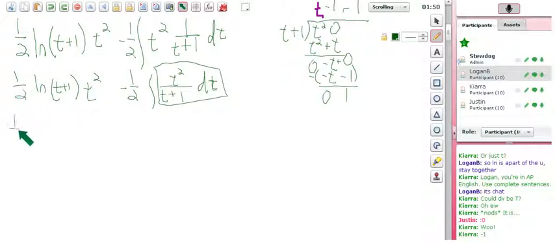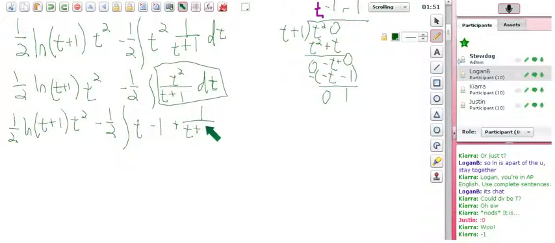Alright, and so this stays the same. We're using long division to rewrite that integral that we just made with integration by parts. Times the integral of... Now we just took t plus 1 and divided it into t squared with our long division, and it came out to be the same as t minus 1 plus 1, our remainder, over t plus 1, our original divisor. And then this all gets a dt.